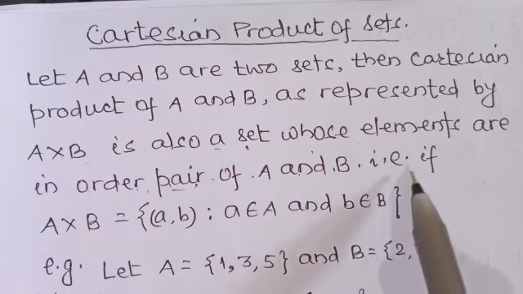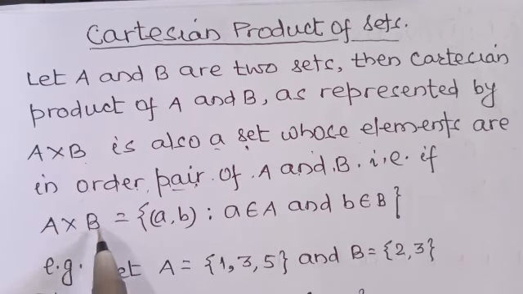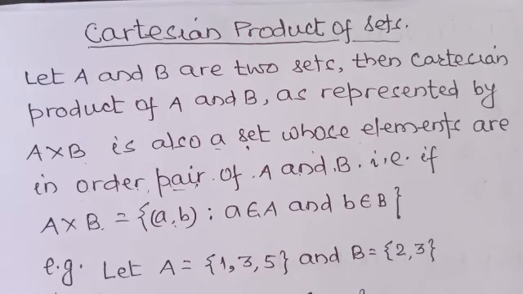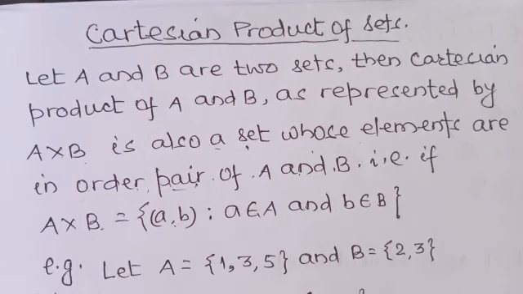That is, if A cross B has the element (a, b), then a belongs to set A and b belongs to B. See another example. Let A equal 1, 3, 5 and B equal 2, 3.